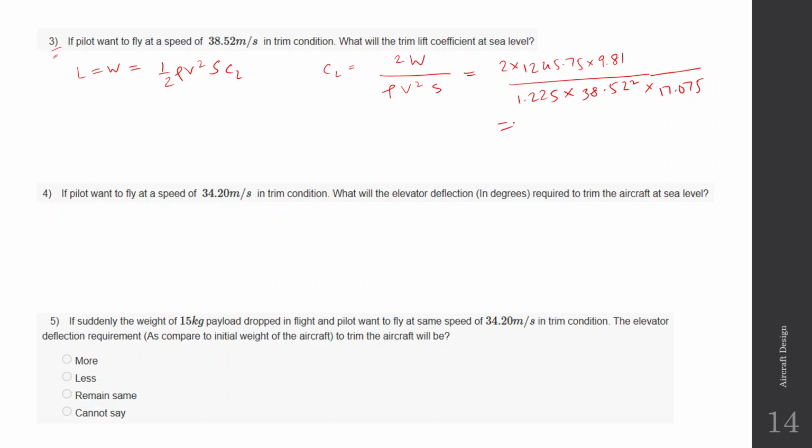So then the CL comes out to, let me calculate, 0.7875. So this is the answer of this question.